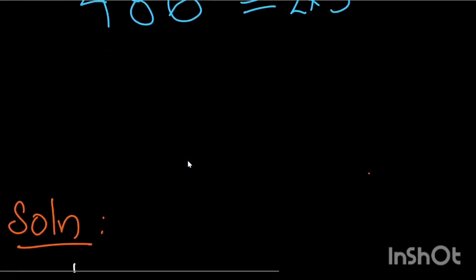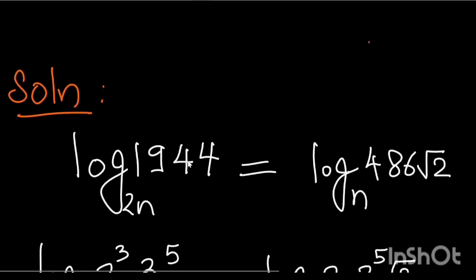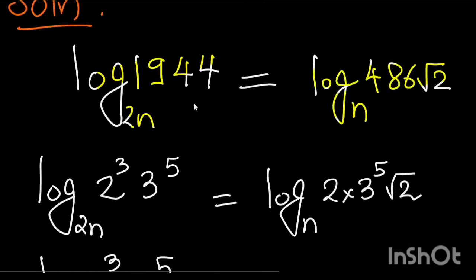So coming on to the solution part, log 1944 base 2n was given, 486 root 2 base n. We already calculated the factors. 1944 is replaced by 2 cube 3 to the power 5, 486 replaced by 2 into 3 to the power 5, root 2 as it is, here base 2n and n as it is.